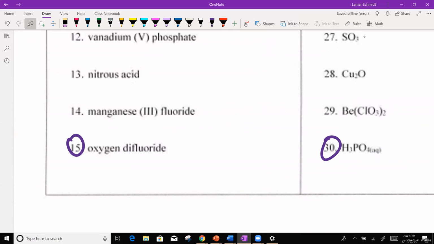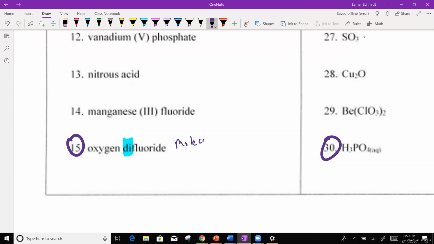So oxygen difluoride. There's a lot of people that are having issues with problems like this. And what they're trying to do is use charges to solve the problem. And you shouldn't be doing that because you see that it has a prefix di, which tells you this is a what? Yes, it's a molecule.